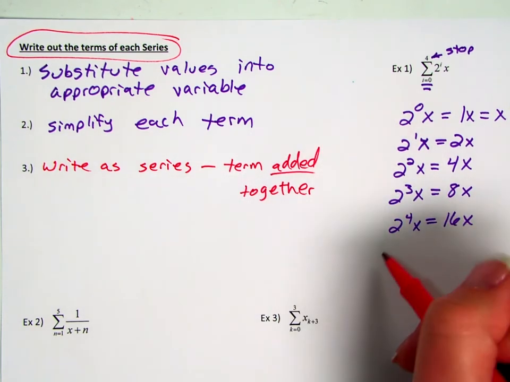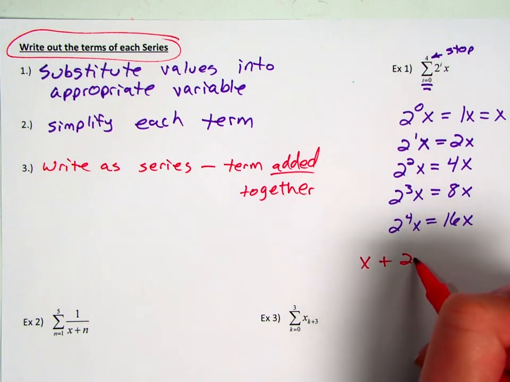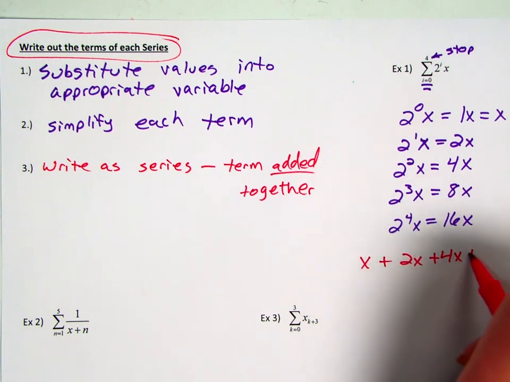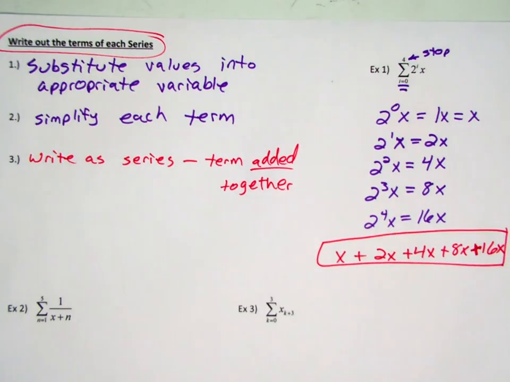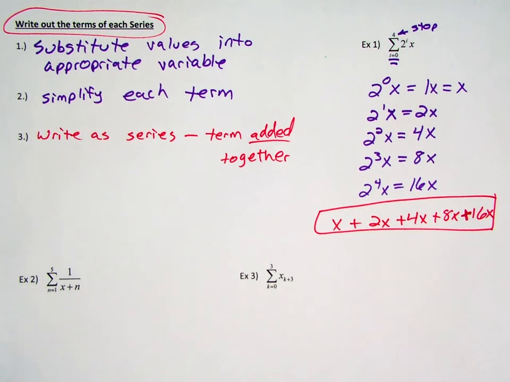So we would do x plus 2x plus 4x plus 8x plus 16x, and leave it like that. No need to even combine like terms, because all we were doing was writing out the series, not actually finding the summation of it.